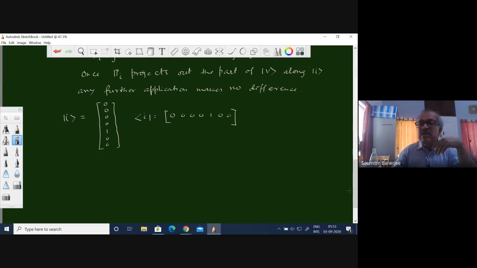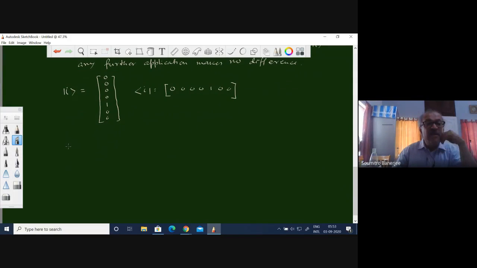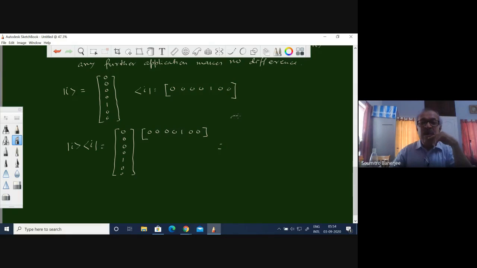And then when you put them together, this will be first this one 0 0 0 0 1 0 0, and then this one 0 0 0 0 1 0 0, which is obviously a square matrix with all the terms 0 except, the fifth position here there will be 1.